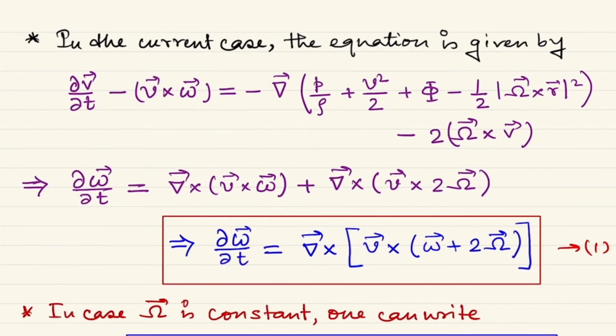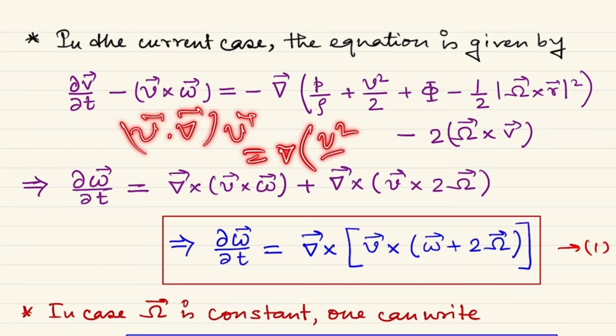Now, if you remember what we discussed in the previous lecture, with respect to a non-inertial or rotating frame of reference, the equation of momentum evolution should be written in this form: ∂V/∂t, and this V dot ∇V, the advection term, should always be written as gradient of V²/2 minus V cross ω.